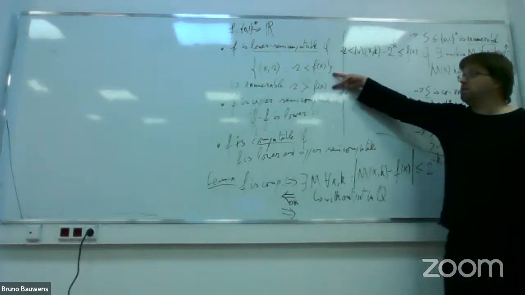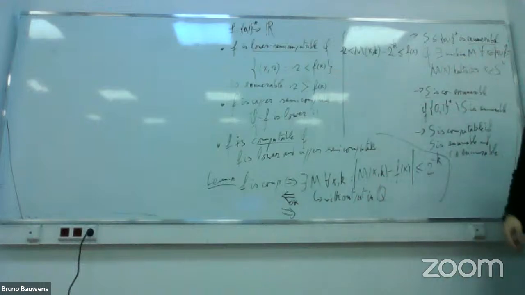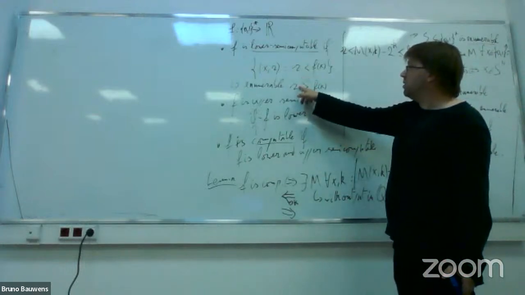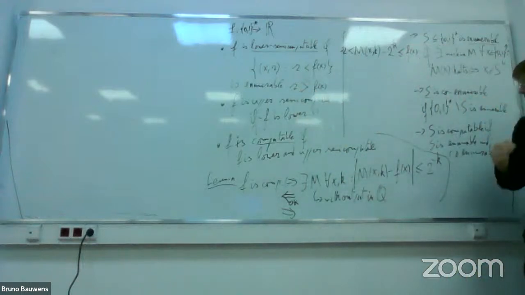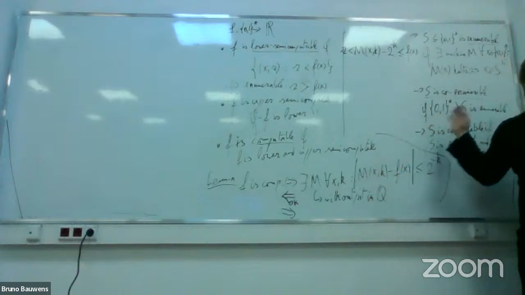And so you run those two printers in parallel. And as soon as the best lower and the best upper are close enough, you know that F must be in between, and so you can output the middle or whatever.